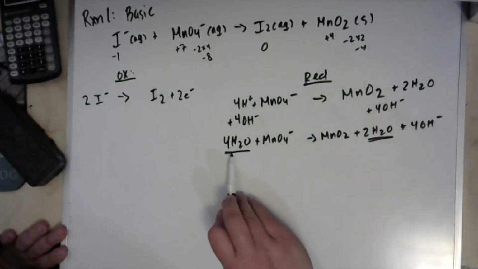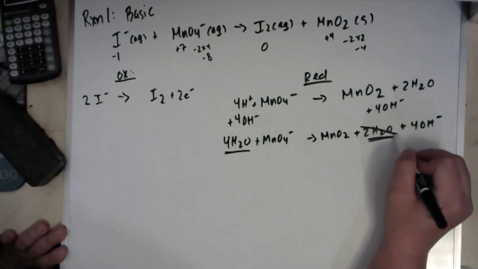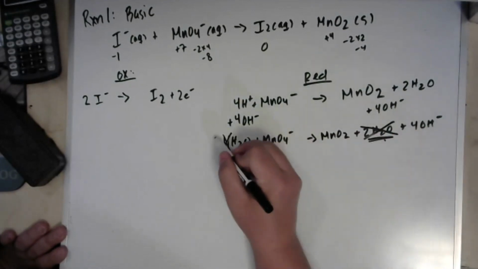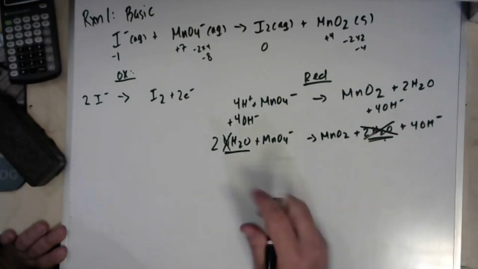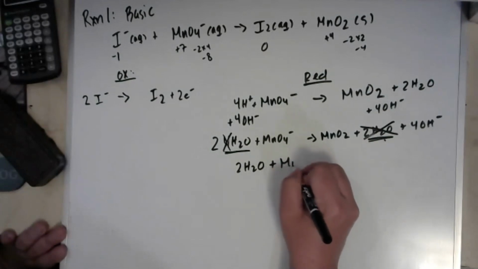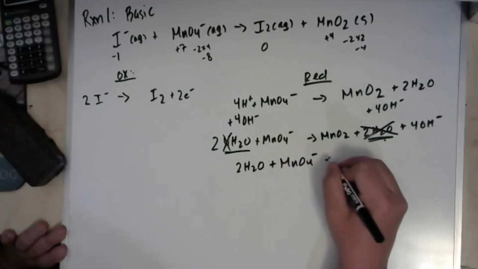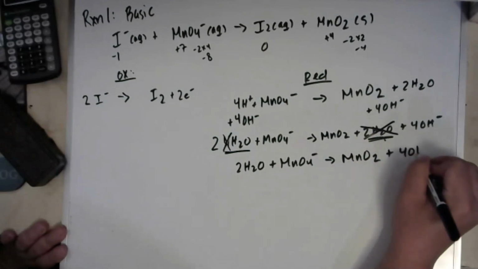If I have 4 waters here and I have 2 waters here, 2 of these waters are going to cancel out. So what I'm actually left with is 2 waters plus MnO4- gives me MnO2 and 4 hydroxides.